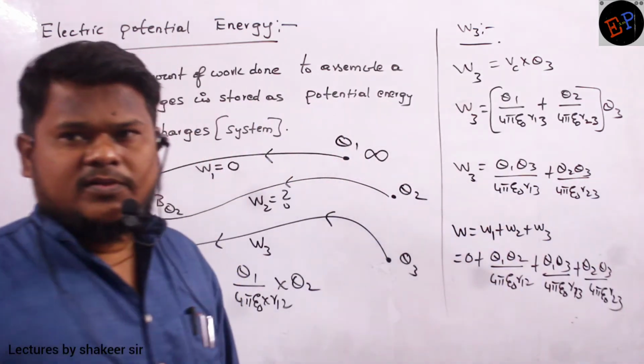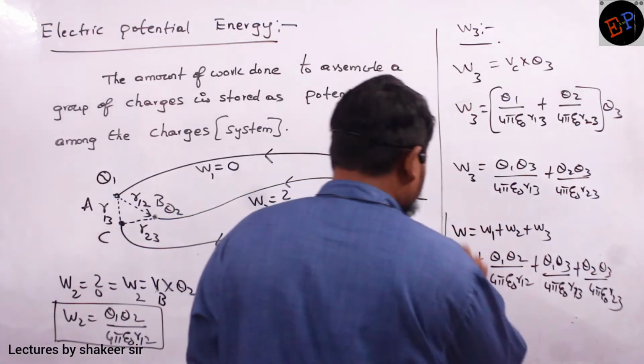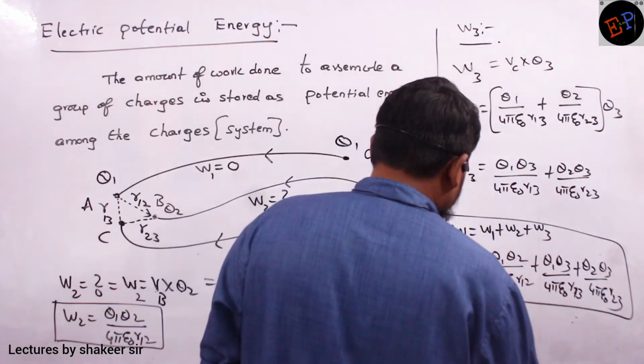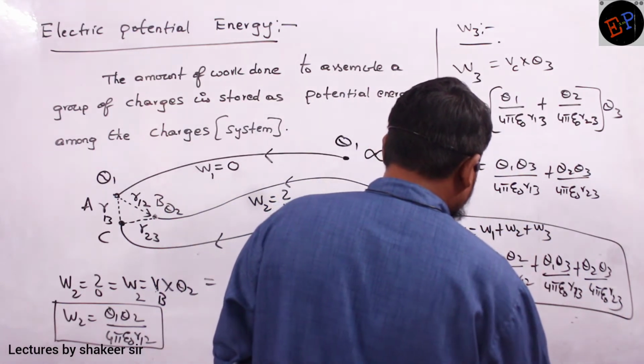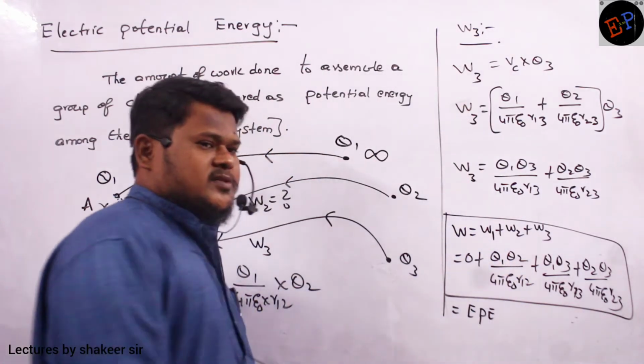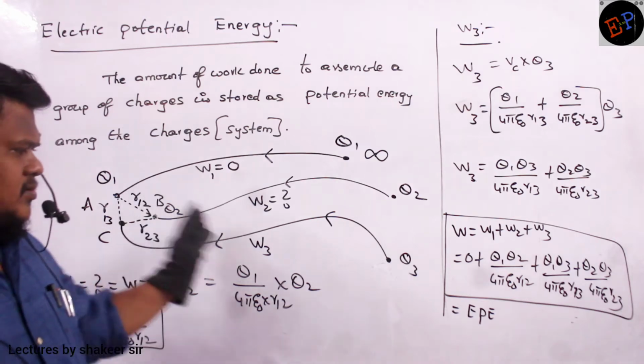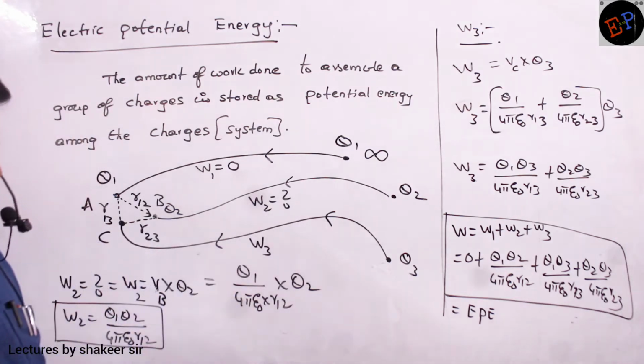So that will be the total amount of work done to assemble the charges at a configuration, and this is nothing but the electric potential energy stored in the system. That's it. So this is the equation.